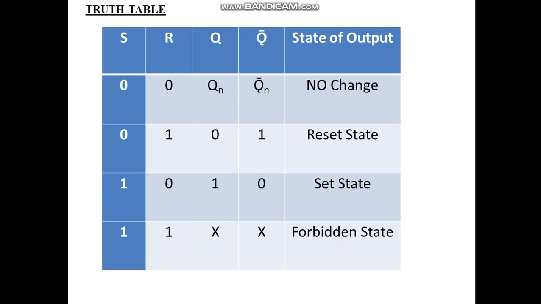Okay, so in order to avoid that forbidden state, this SR latch is altered as a JK latch, where it will overcome this forbidden state. Okay, so we will study the different latches in the next lecture, like D latch, JK latch, and T latch. Okay, thank you everyone.